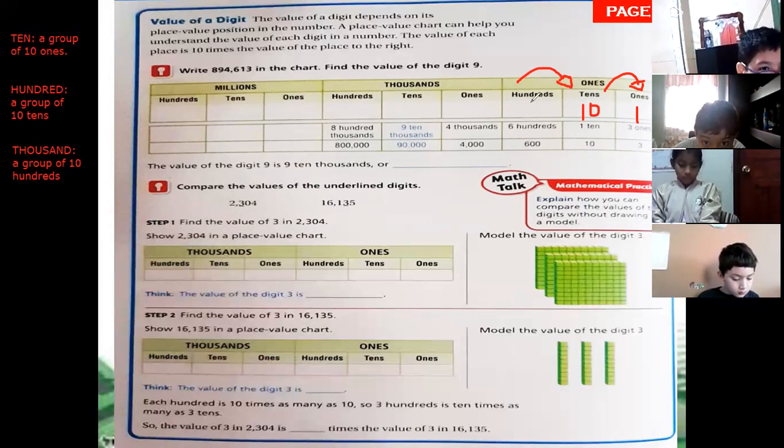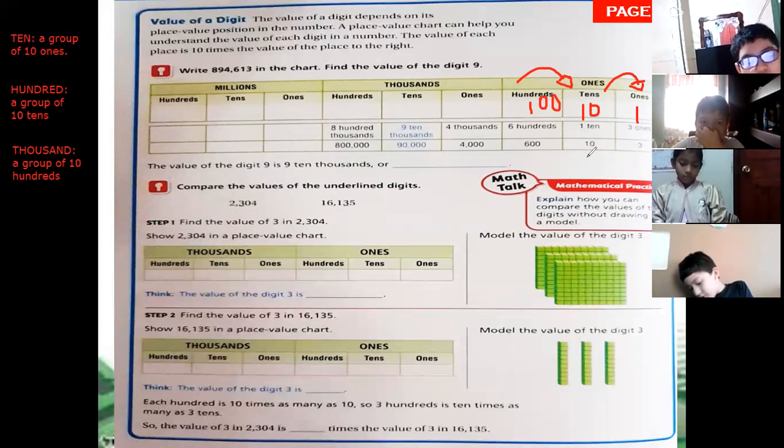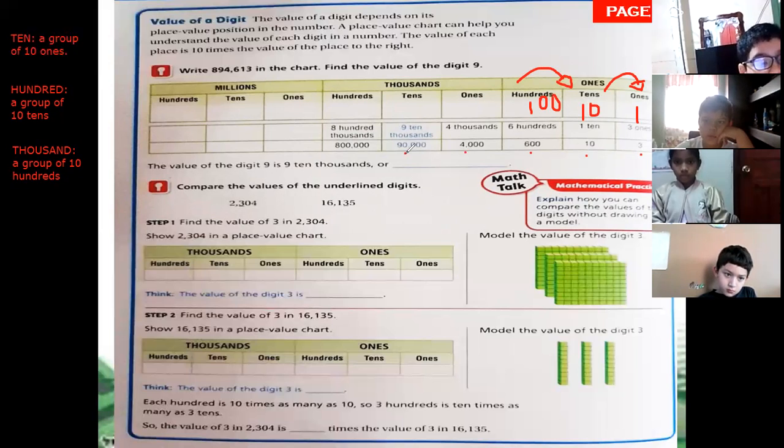What is the value? 100. Okay, and so on. So look at the number I have here: 3, 10, 600, 4,000, 90, 10,000, 800,000, 90,000.